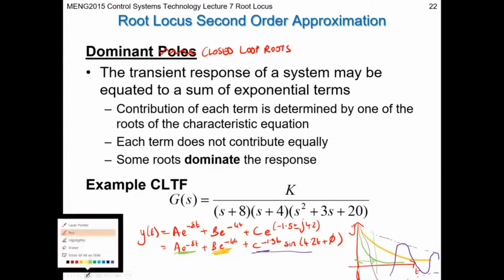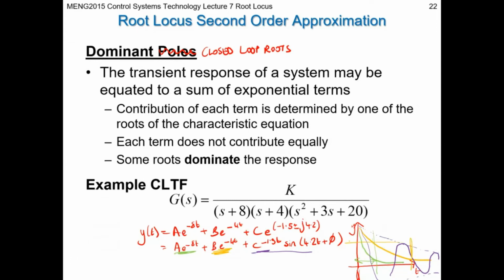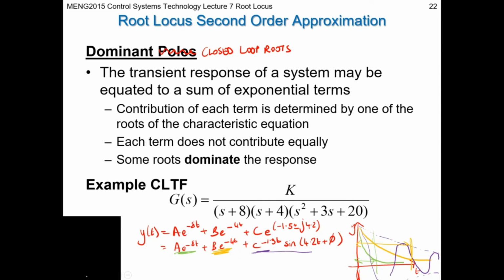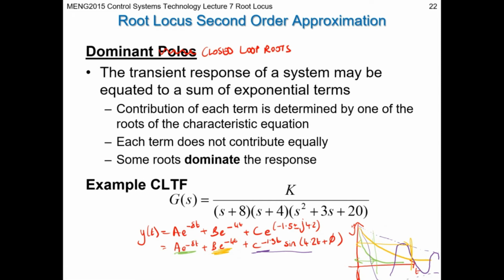Mr. Orangey, that one's going to have some effect probably to about here, in this range. After that, pretty much no effect. But purple will continue. For a start, it's going to have the most significant impact on the overall response because of the oscillation, but then it's going to continue much longer than the others to have some impact.